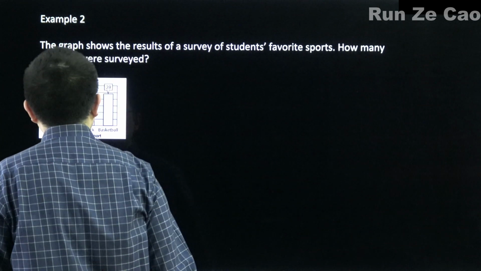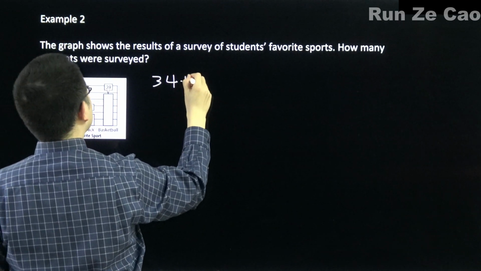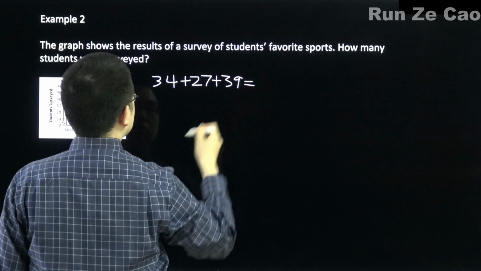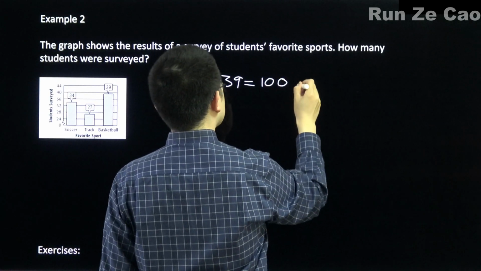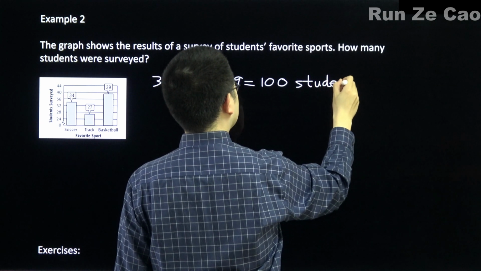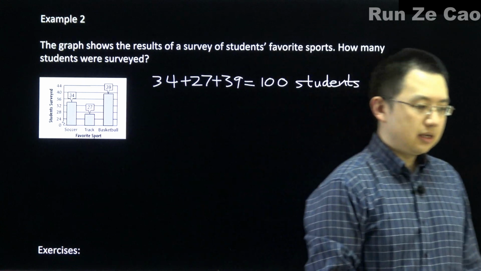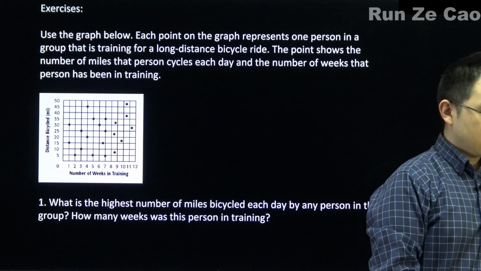And here we have 34 plus 27 plus 39, which is equal to 100 students surveyed. Yeah, that was straightforward.